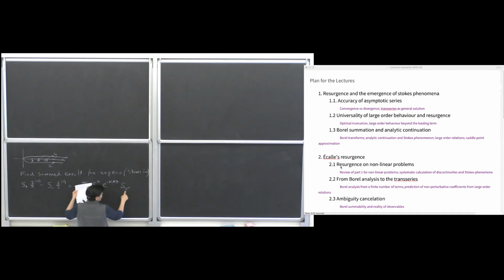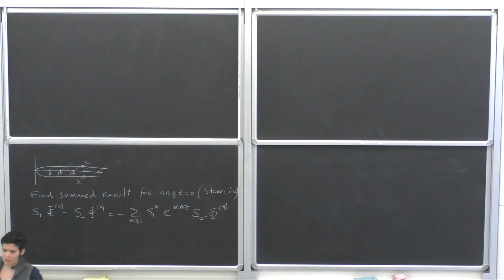And remember that I needed to resum this because all the sectors, sorry, this is K, will also have ambiguities in the same direction.